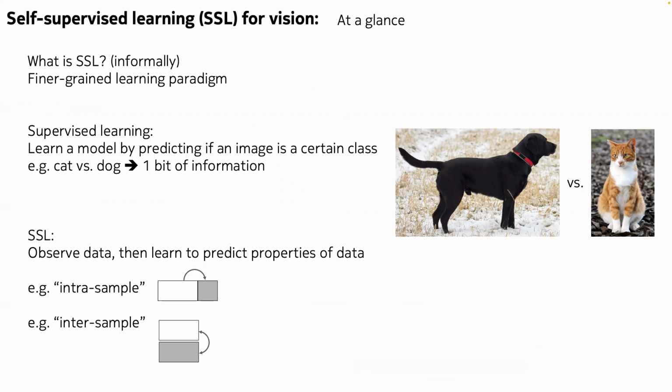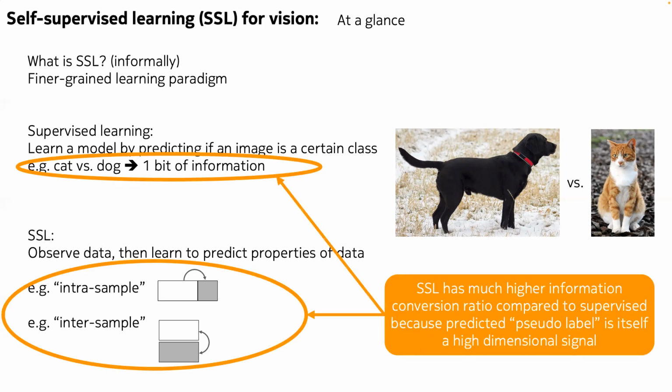This is in opposition to thin labels we usually attach to data in the case of supervised learning. Because of this, SSL has much higher information conversion ratio during training compared to supervised learning.